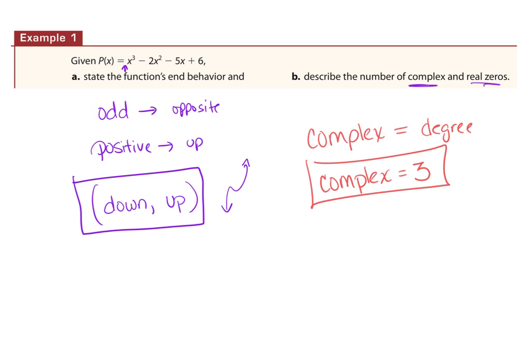All right, it's always going to be what my degree is. Those are going to include real and imaginary. That's what is meant by complex, real and imaginary. Then it says, what can you say about real zeros? For real zeros, because it's odd and I know that it has to cross the x-axis, then I know that it is at least one. At least one real zero.